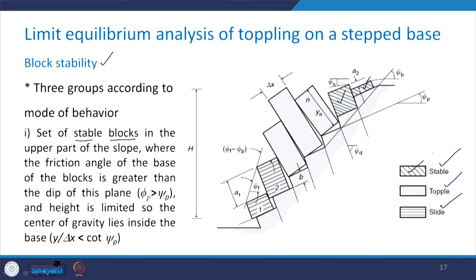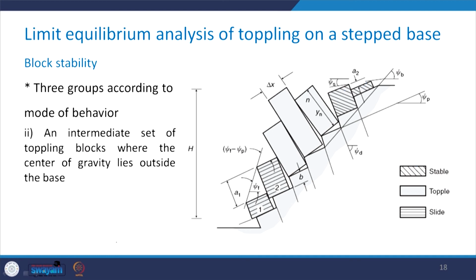In this case, the friction angle of the base of the block is greater than the dip of this plane. That means phi p is more than psi p, and the height is limited such that the center of gravity of these blocks lies inside the base. That means this condition is satisfied, that is y upon delta x is less than cot of psi p.